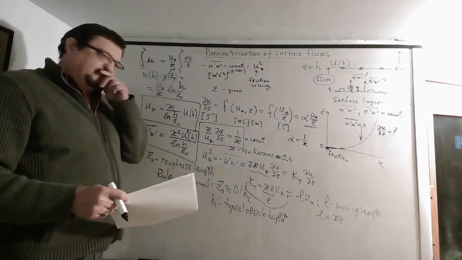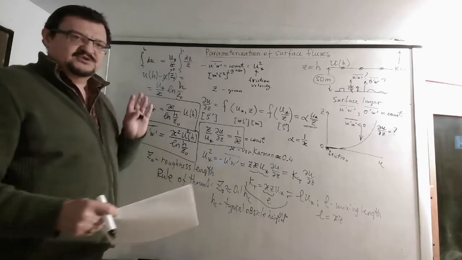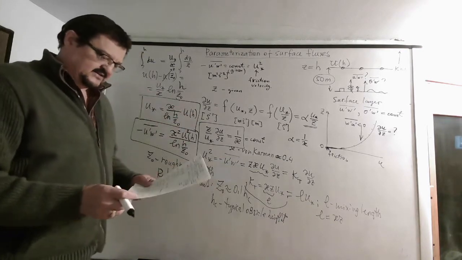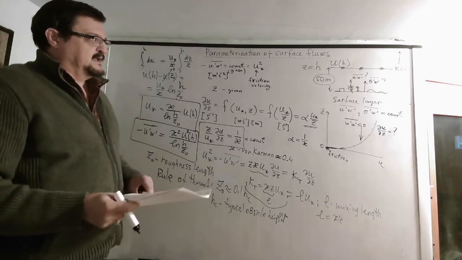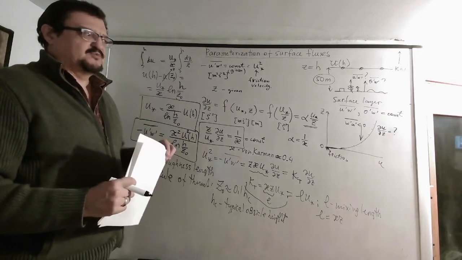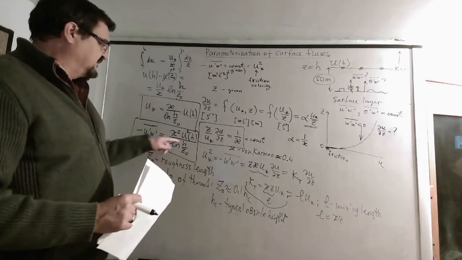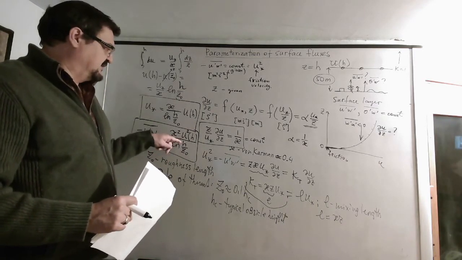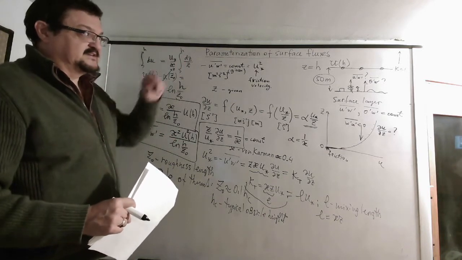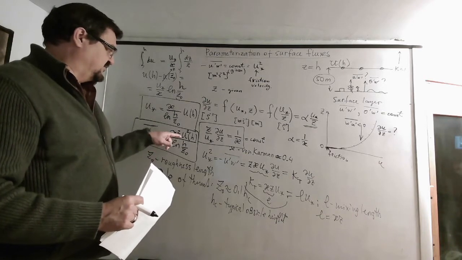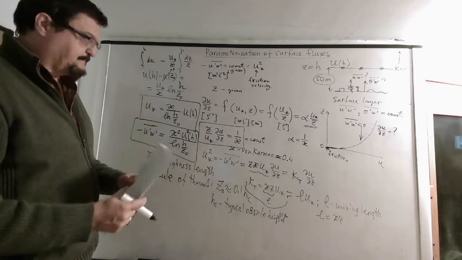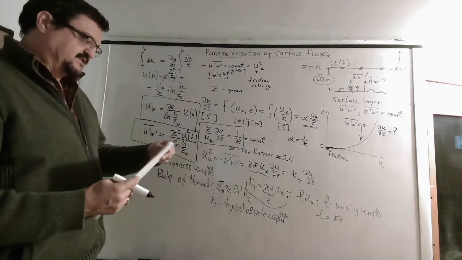These are parameters that you input to the model as external data that you need to tabulate, since different surface types in your model may have different z naught. But as long as you know z naught, and you know your grid level height, say you put your lowest grid level at 50 meters, and you know the velocity there, you can compute the flux and use it in your computations.